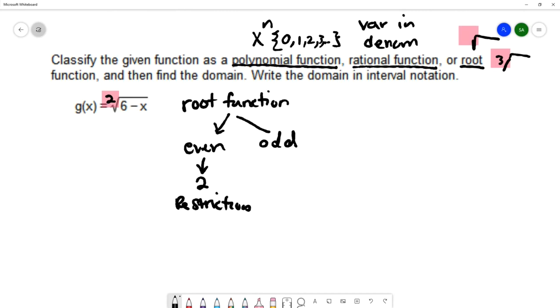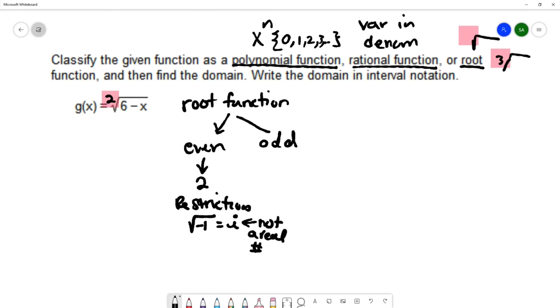And the restriction has to do with negative values. So just for an example, if we have the even root of a negative number, the square root of -1, this gives i, which is not a real number.